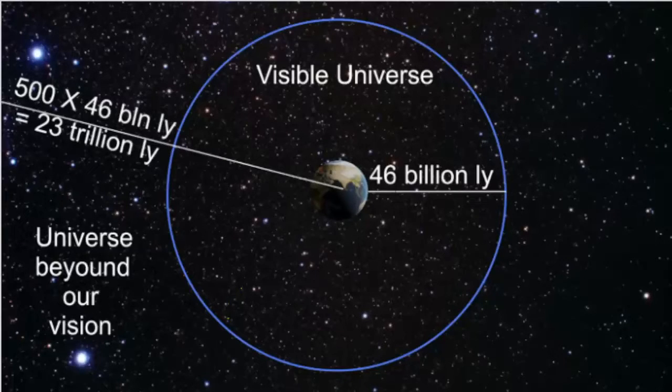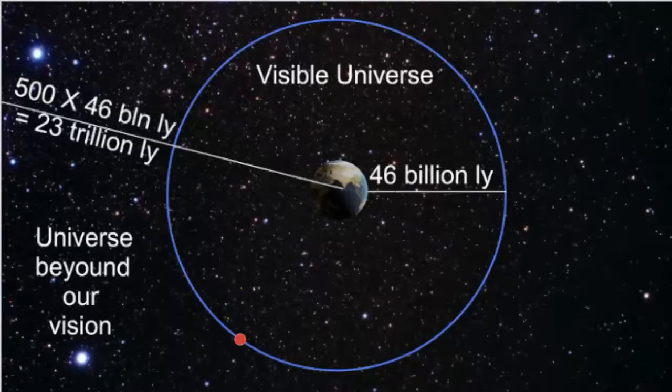You can see the red pointer. The blue circle here represents the limit of the visible universe. When we talk about the visible universe here, we refer to the farthest galaxy or star where we received light from.